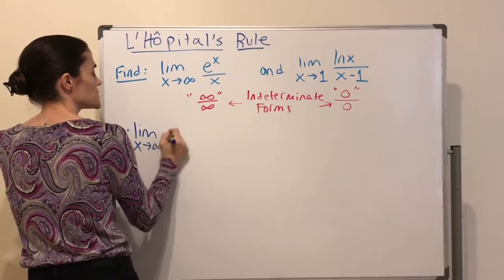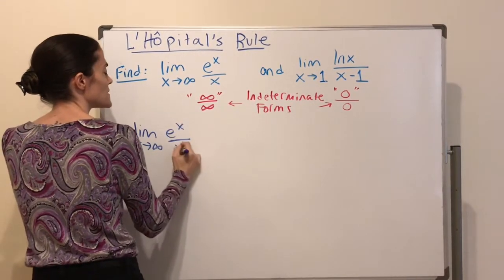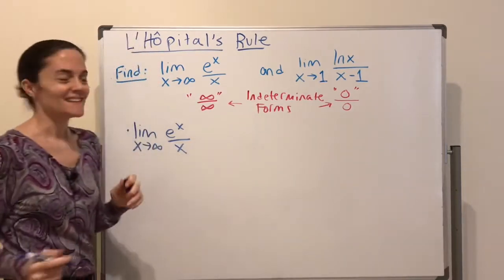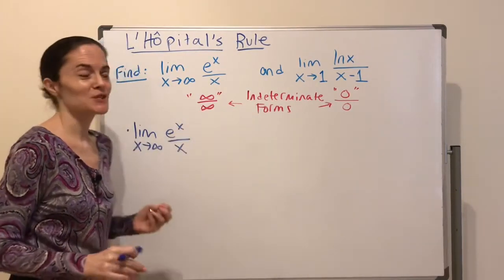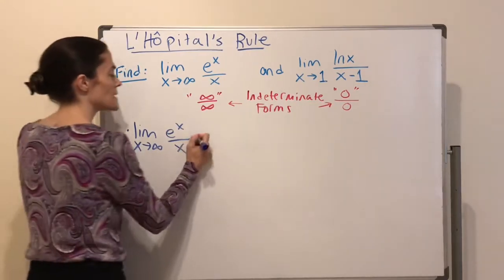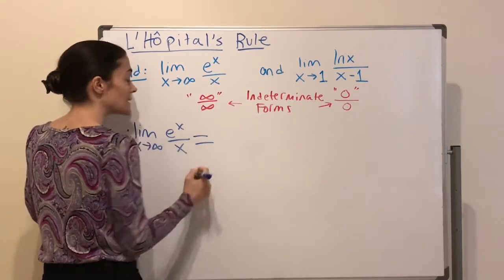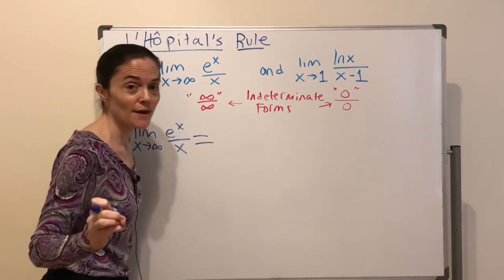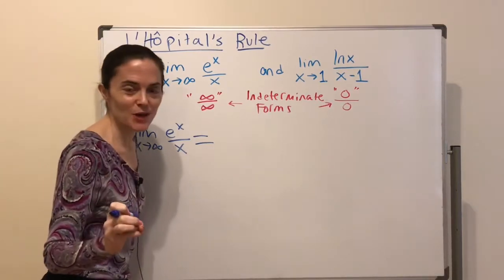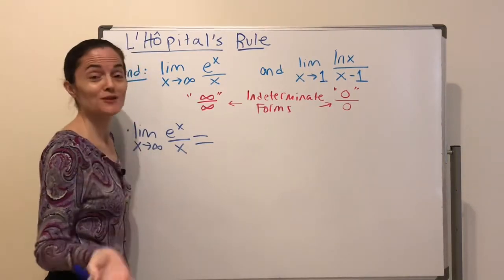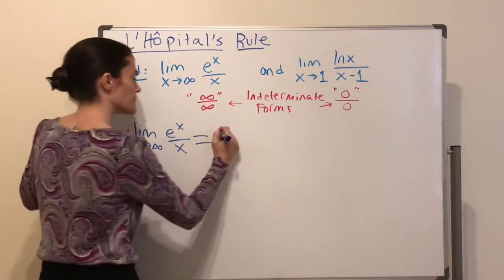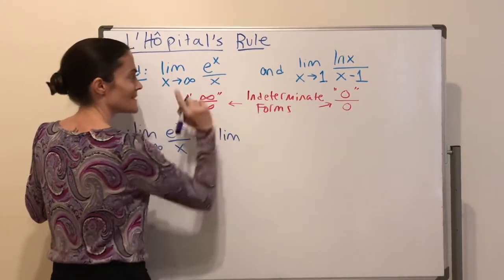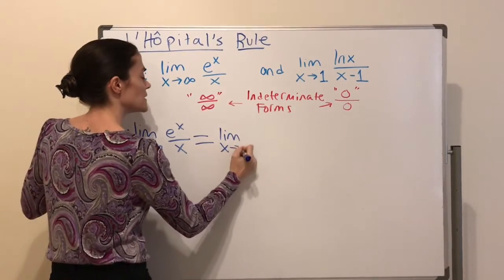For this first example, e to the x over x, we've already thought about the fact that we do get an indeterminate form, so we may use L'Hopital. Now in your work, you need to say that you're using L'Hopital so that whoever is grading your work knows, okay? I'll show you maybe two different ways in these two different examples.